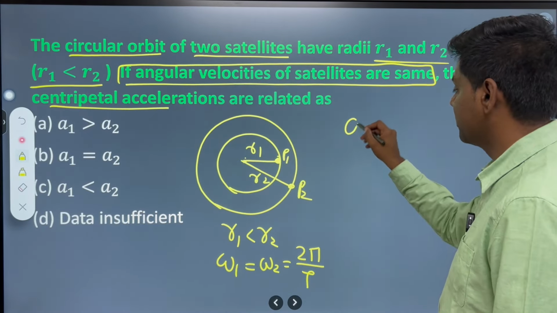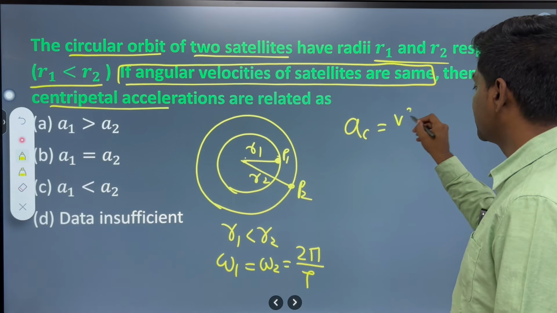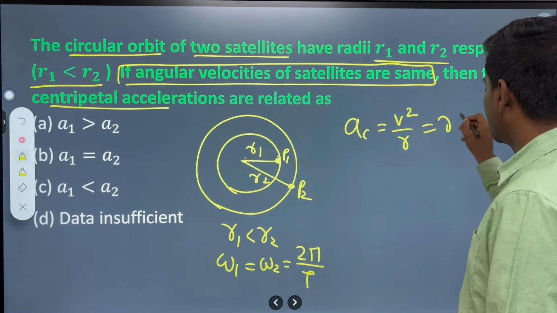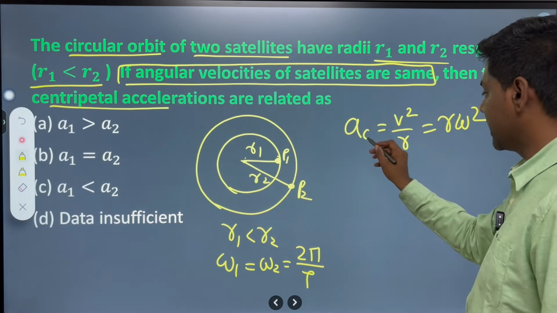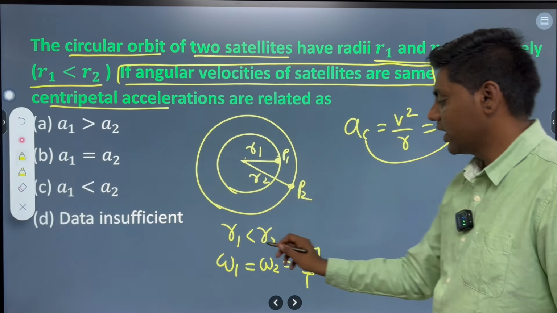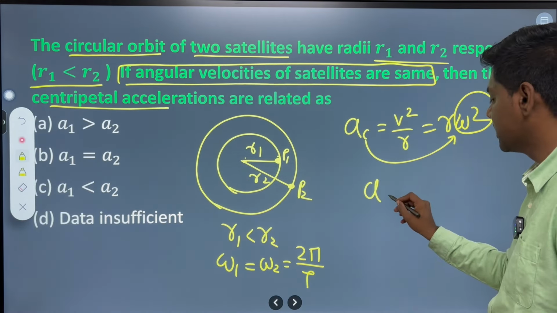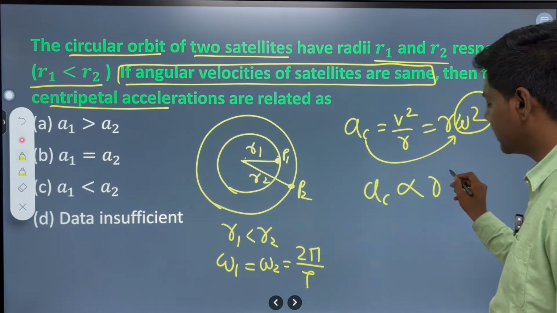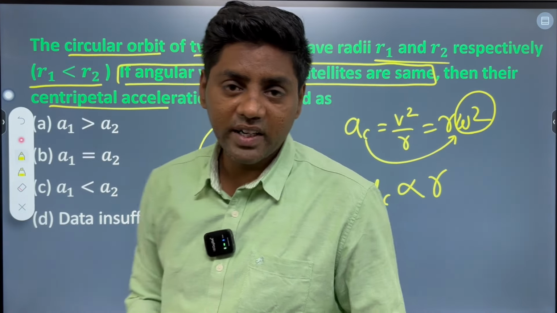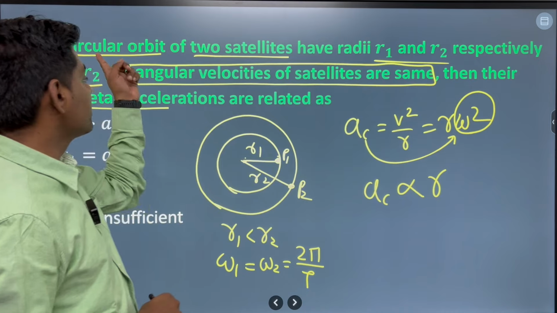And we have to calculate the centripetal acceleration. What is the formula of centripetal acceleration? That is v square divided by r equal to r omega square. Taking this expression, if omega is constant, what is our observation? Centripetal acceleration directly depends on the orbit radius of the satellite revolving in a circular orbit.